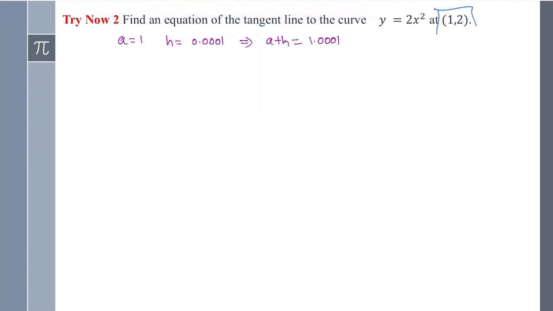Now in order to find the equation of the tangent line, we need the slope. We already have the point, so this is the point that we are going to use, and we'll find the slope. So the slope of the tangent line is approximated by the instantaneous velocity. Okay, so this is approximately equal to y of 1.0001 minus y of 1 divided by 1.0001 minus 1.